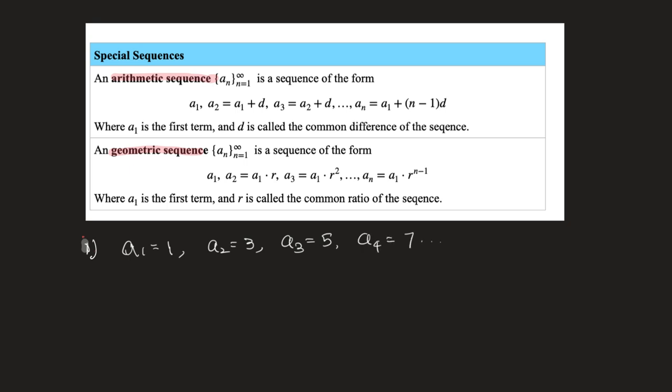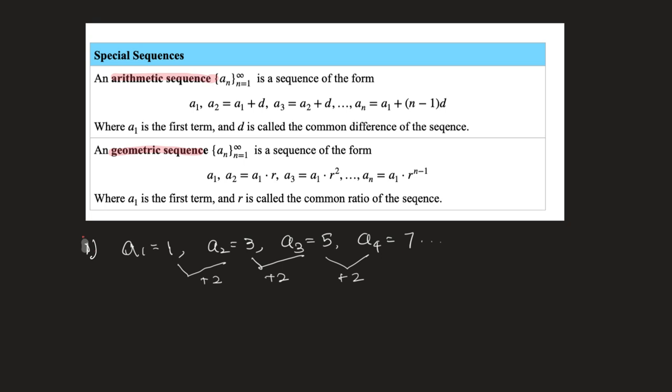Can you see the pattern, guys? What do you add here? From A1 to A2, you add 2. A3 is A2 plus 2, A4 is A3 plus 2. That's what we call an arithmetic sequence.